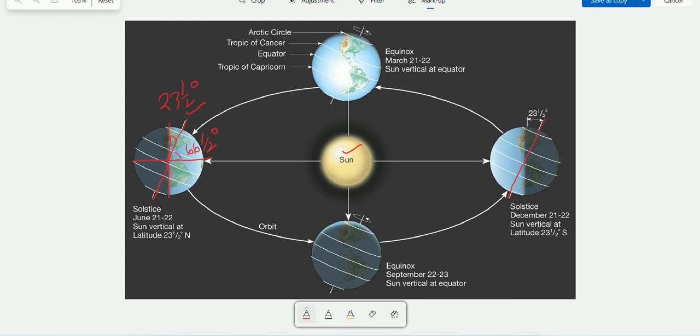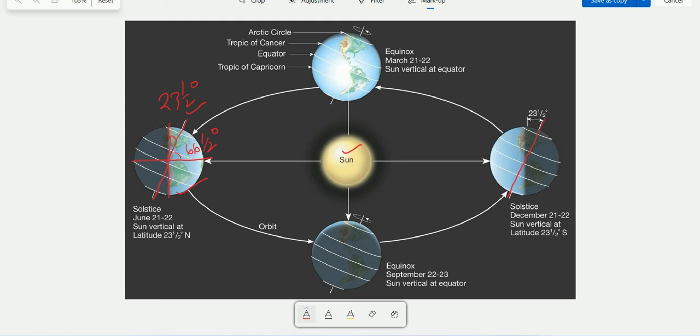seasons in the year. And because of this inclination of the earth's axis, we have this variation in the duration of the daytime and the nighttime. See this, let us say this is the position of the sun on June 21 or 22, and this position of the earth is known as summer solstice.